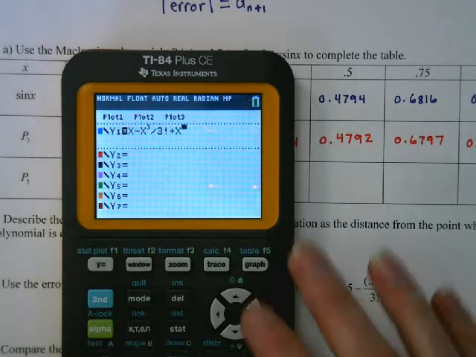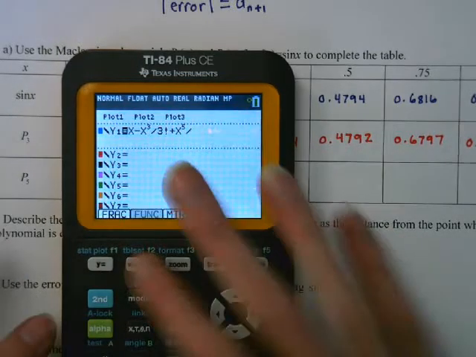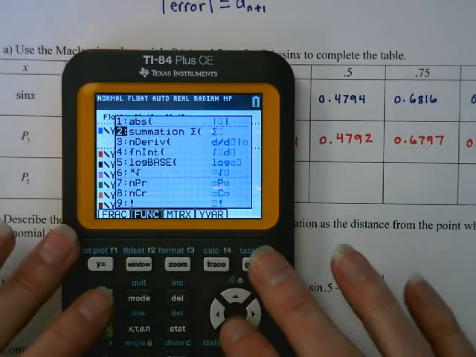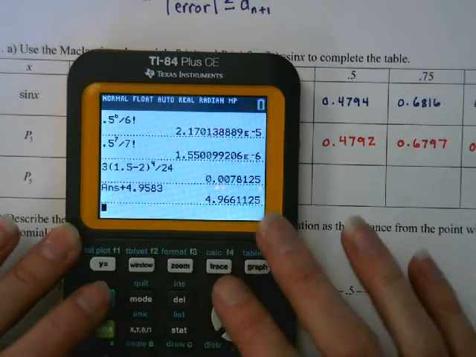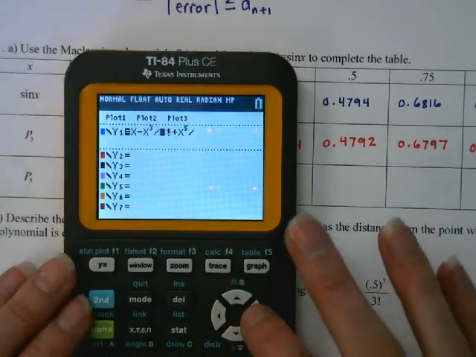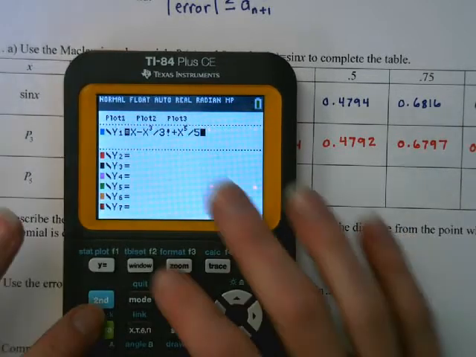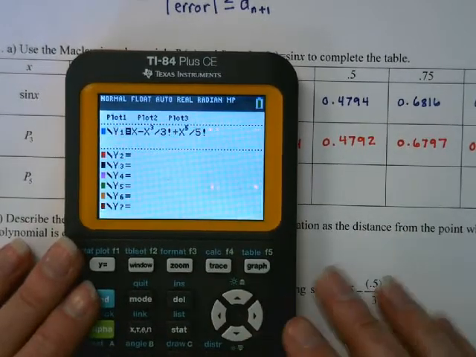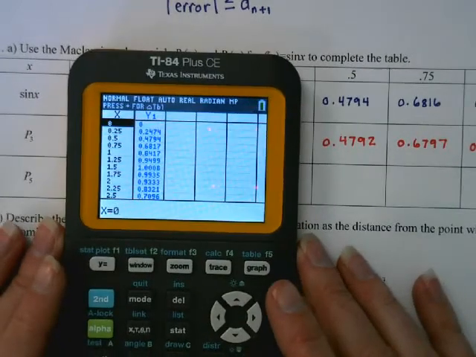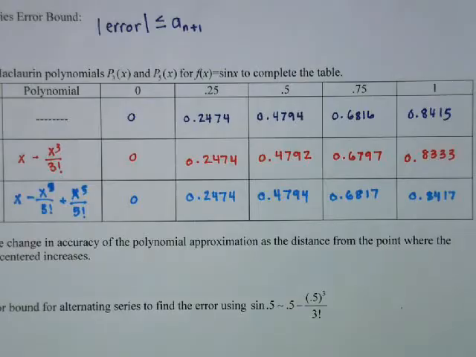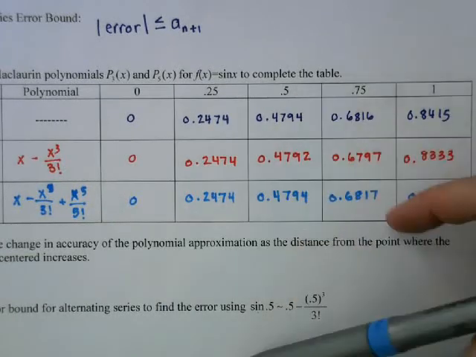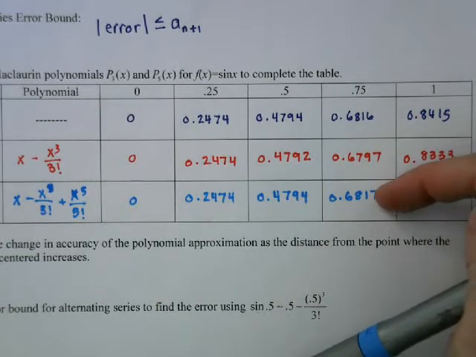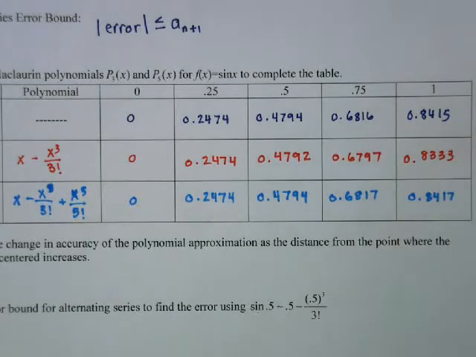So we'll add x to the fifth divided by 5 factorial, which is 120, or we can do 5 factorial. Okay, we'll go to the table and put those values into the chart. So our error here is even closer. Here it's pretty much the same, here it's pretty much the same, here it's a little bit off, but it's closer than this one, and same thing here.